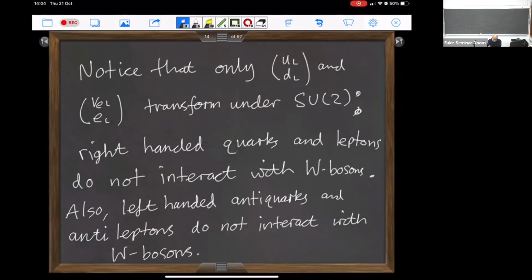And further emphasizing that only the left-handed fermions in each family interact directly with the SU2 W bosons, which means that right-handed quarks and leptons don't interact with W bosons, and similarly, the antiparticles of the right-handed quarks and leptons do not interact with the W bosons.